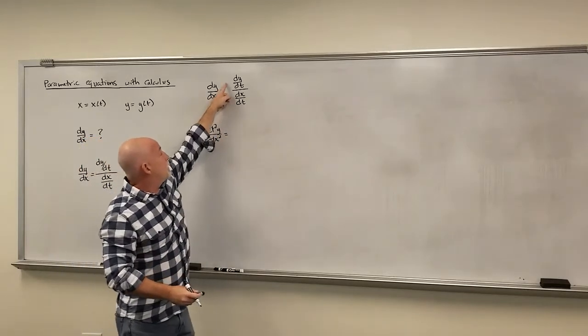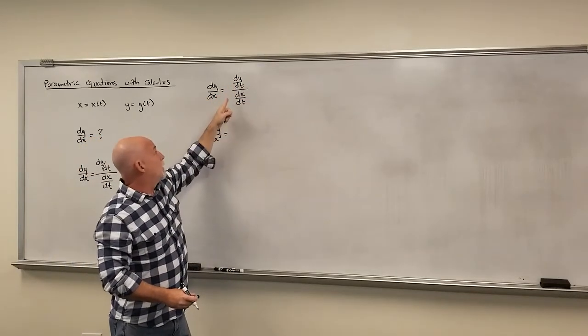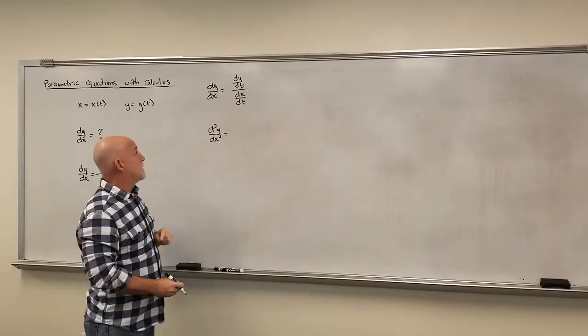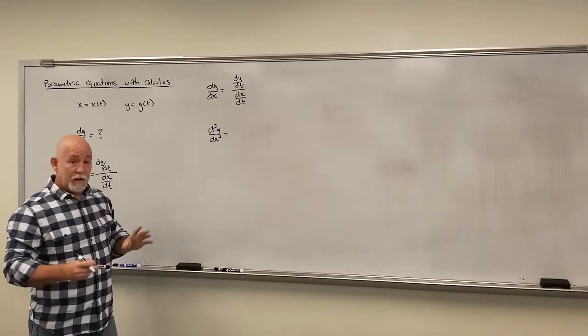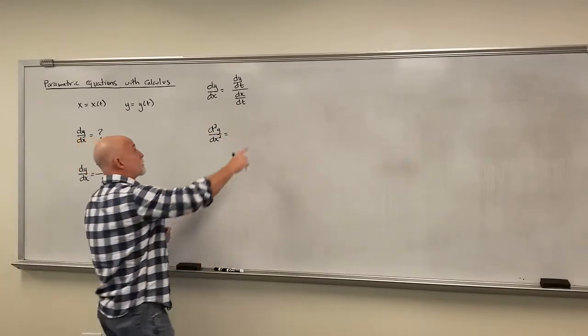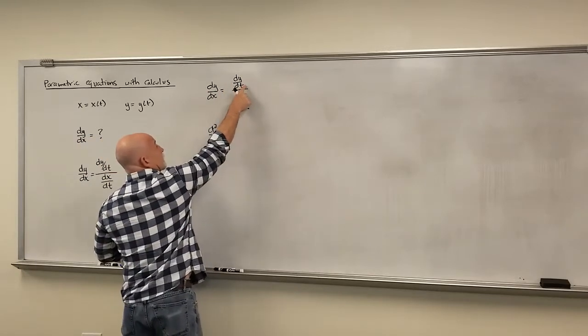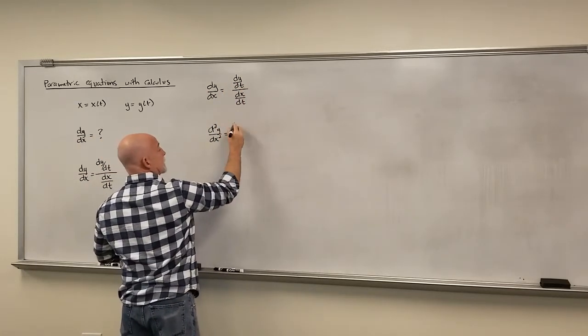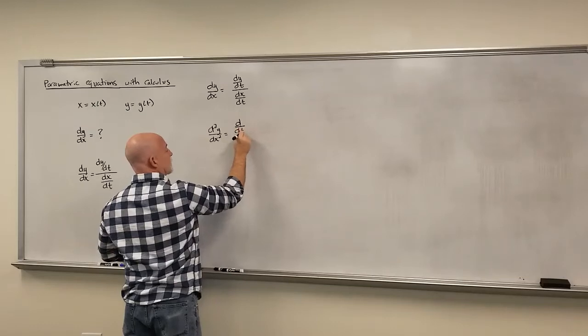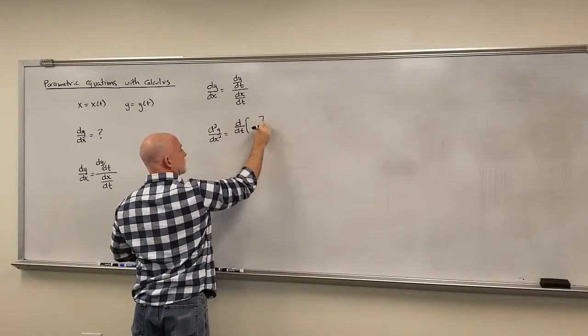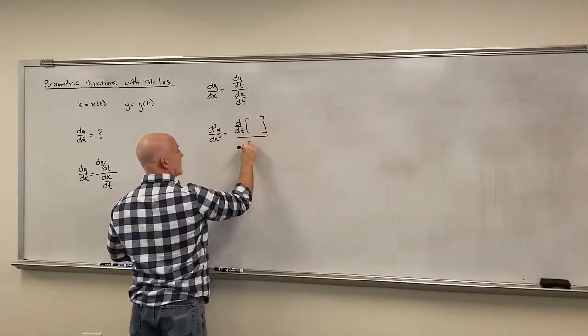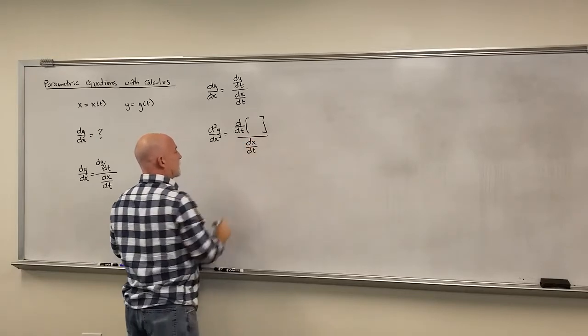So we did the derivative of that function with respect to time and then divided it by dx/dt. So that's our format for how to take the derivative. We take the derivative of the function with respect to t and divide it by dx/dt. So anything we want to take the derivative of, we take the derivative of it with respect to t and divide it by dx/dt.